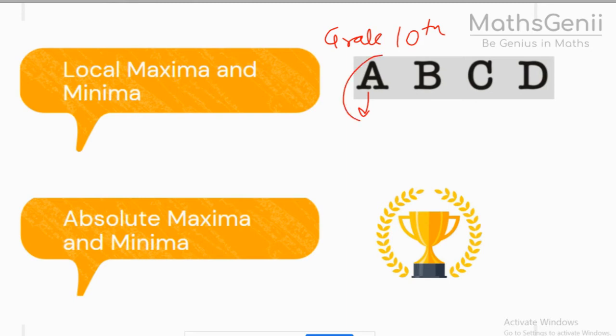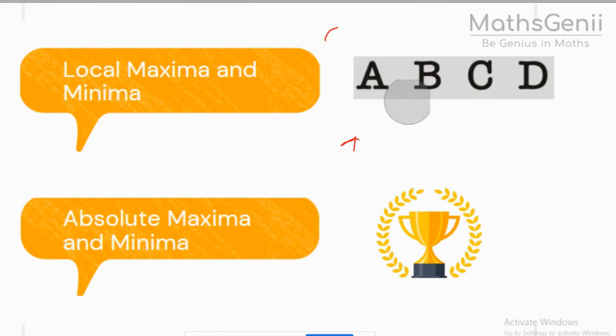So from A, the person who won the race is the local maxima, and the one who came last in the race is the local minima. Similarly, from B, the one who came last is the local minima for B, and the local maxima for B is the winner. So for each division individually, we have local minima and maxima.